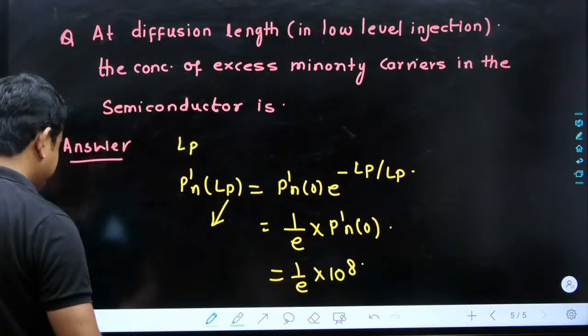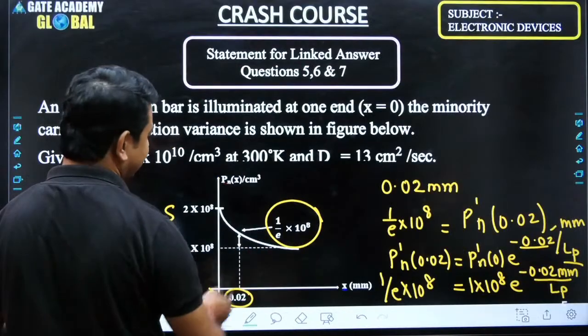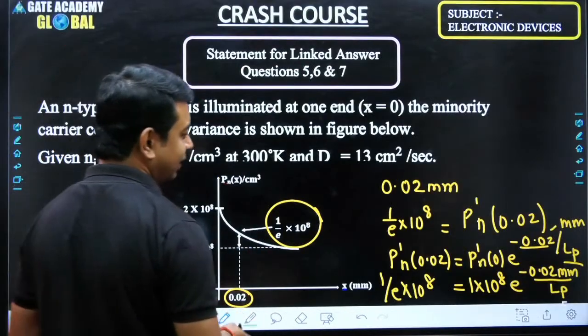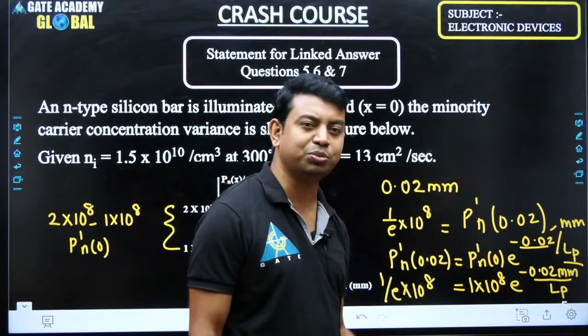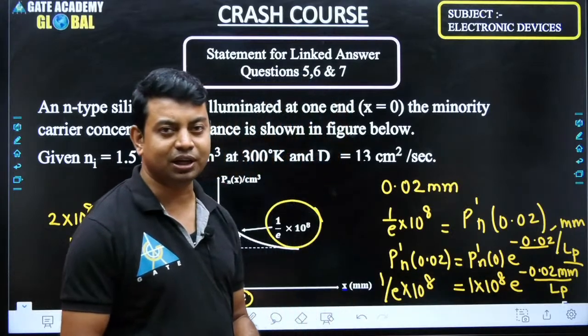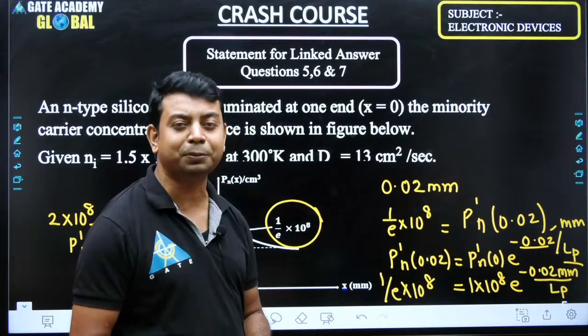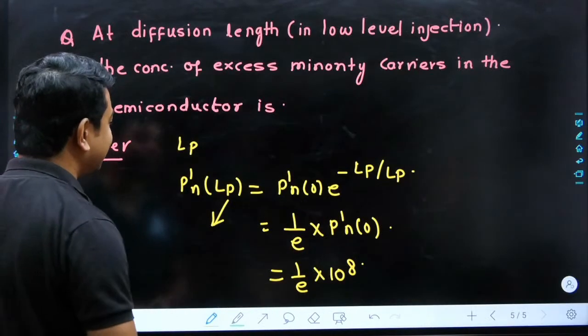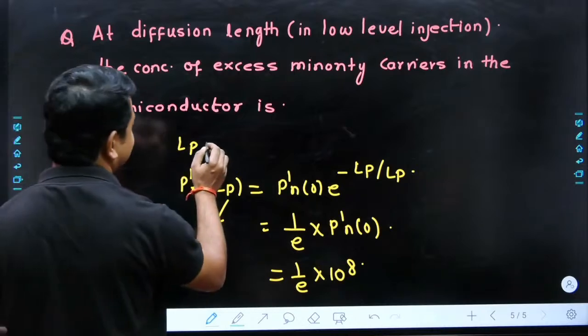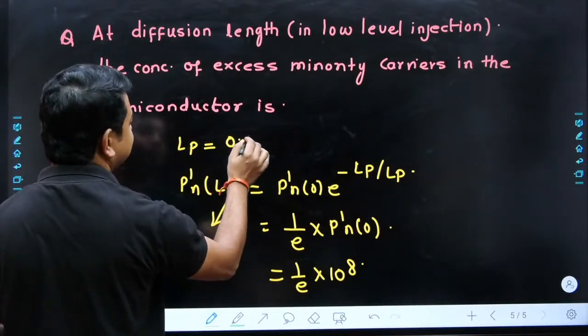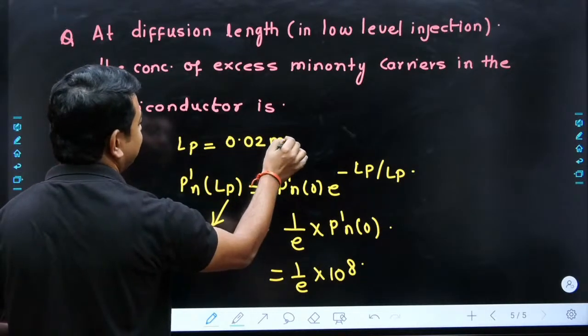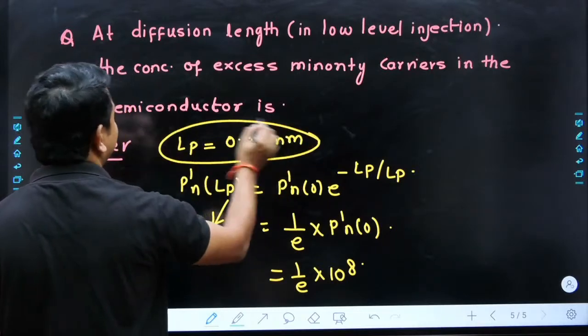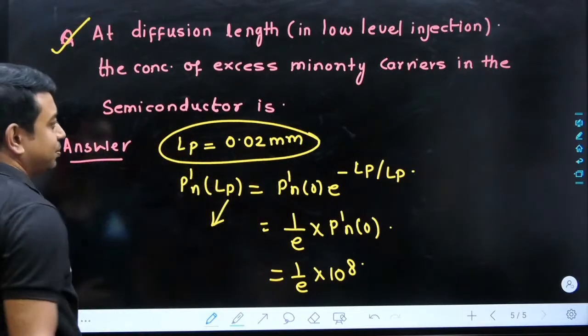That means, for this particular question, we can find the LP distance from this formula also, but if you know the concept properly, then definitely you can say for this question LP is equal to 0.02 mm without writing any formula.